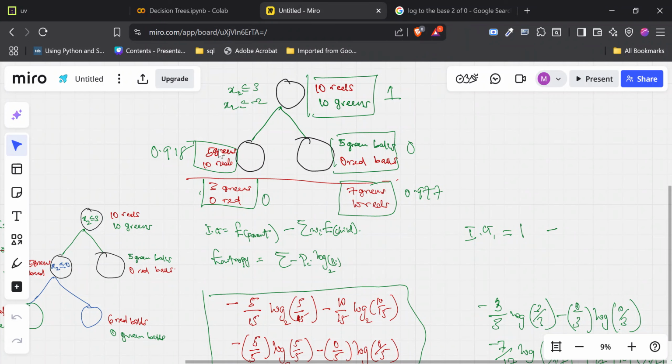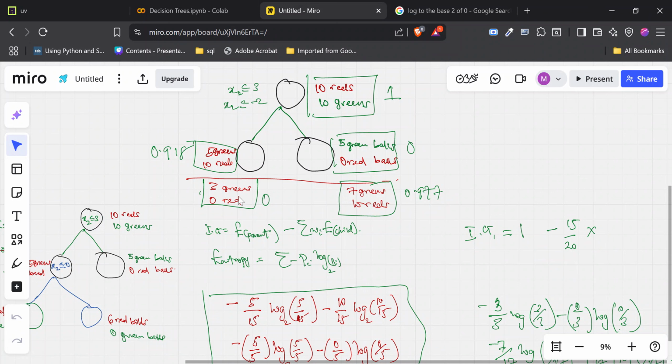What is the size of this child? All of the data points inside this child is 15, 5 and 10. So that's going to be 1 minus, no, this is wrong, not 5 over 10, 15 over 20 rather. 15 over 20. Sorry.